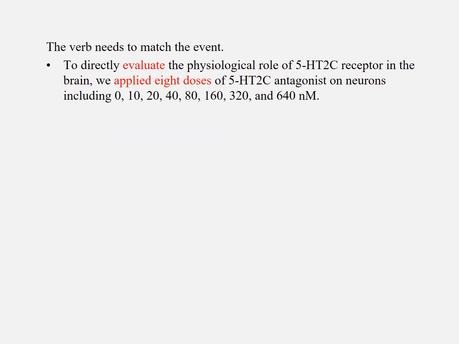This sentence is trying to explain that the verb needs to match the event. As you can see here, what we are saying: to directly evaluate the physiological role of a receptor, which here is called the 5-HT2C receptor in the brain, we applied 8 doses of 5-HT2C antagonist on neurons, including one concentration, 2 concentrations, these 8 doses.